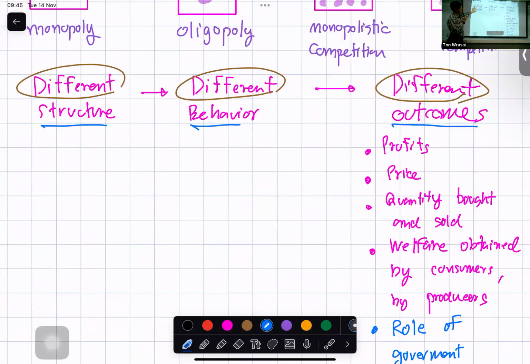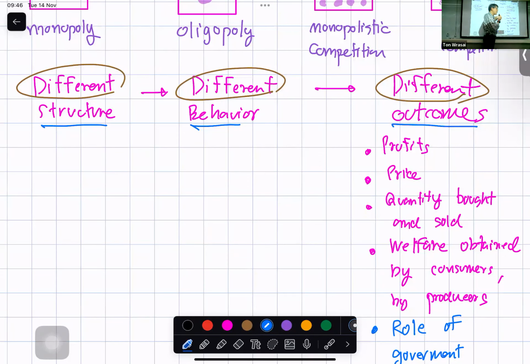So if you continue your higher education with an MBA, you will see this story again. Different market structures, different behavior, different pricing strategy, different marketing technique, different competition among firms, and different outcomes.